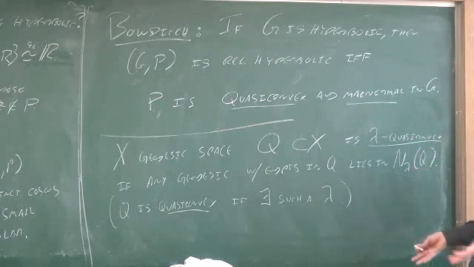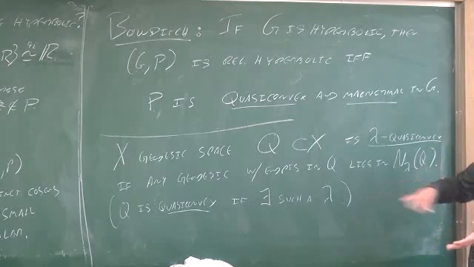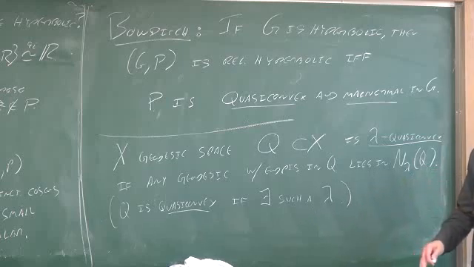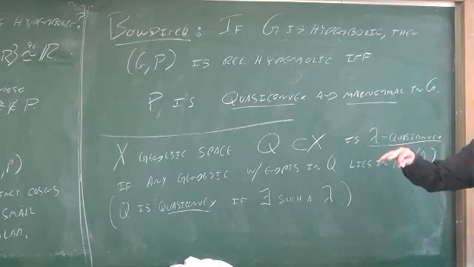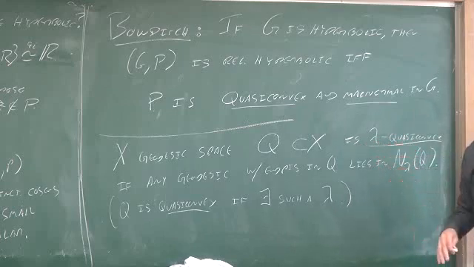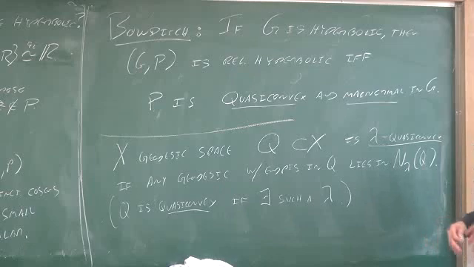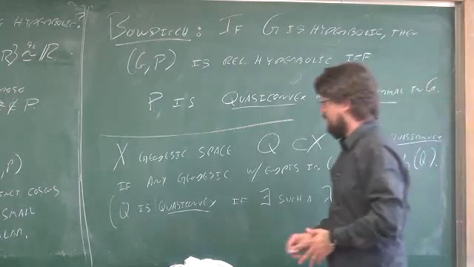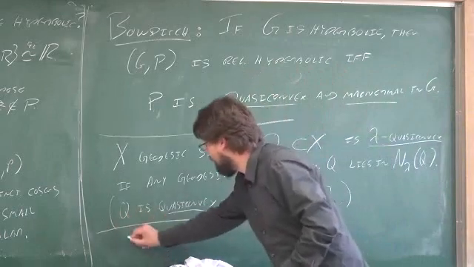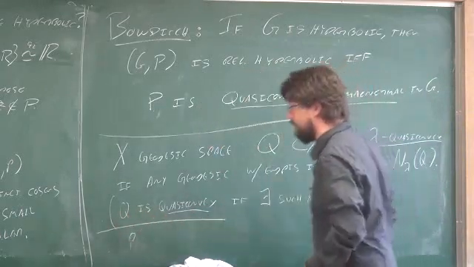I just pick any Cayley graph, and now I think of P as a subset of that Cayley graph. Every element of P is a vertex of the Cayley graph. So that's some subset. It's either quasi-convex or it's not. And if it is, then we say that the subgroup is quasi-convex. Okay. And I should say almost malnormal here.